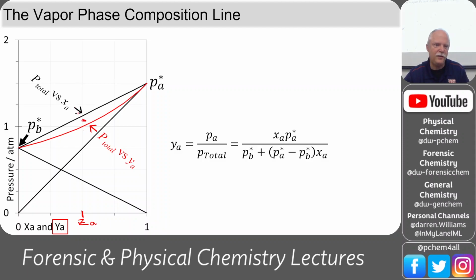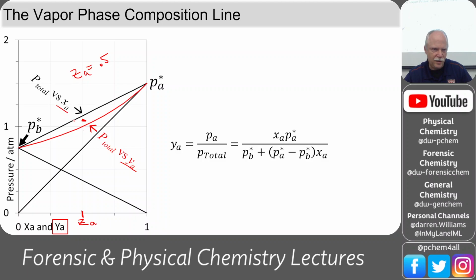So I'm right at 50-50 ZA. So ZA equals 0.5. But look at this red line. This red line is the YA composition line. The black line is the XA composition line.